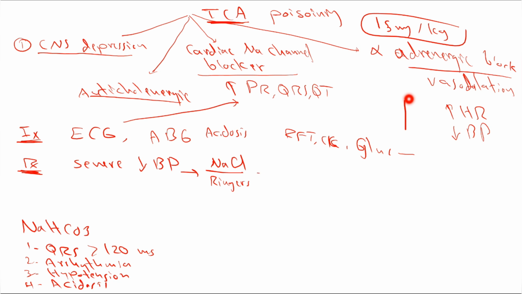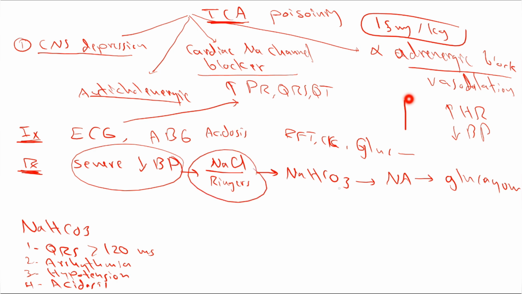Then if the patient is not improving, you give NaHCO3, sodium bicarbonate, which is the antidote. Then if the patient is still not improving, you give noradrenaline or vasopressors. Then if still not improving, you can give glucagon. The whole story is that if the patient has hypotension, start with fluid and then give sodium bicarbonate.